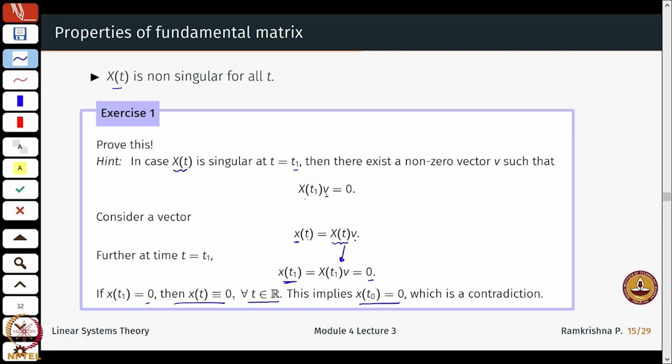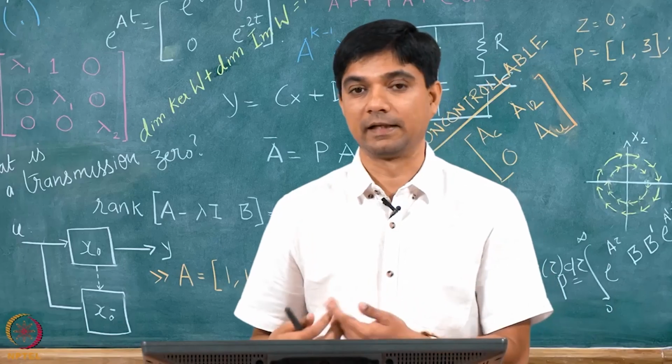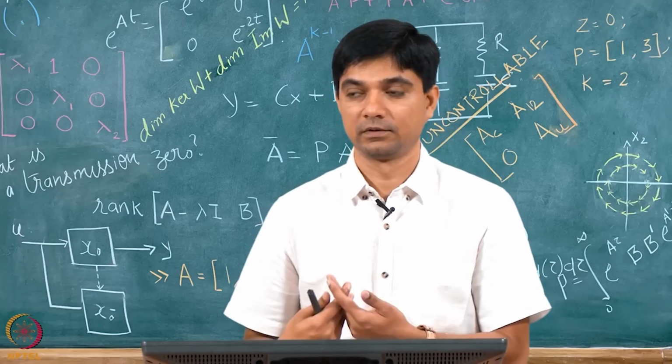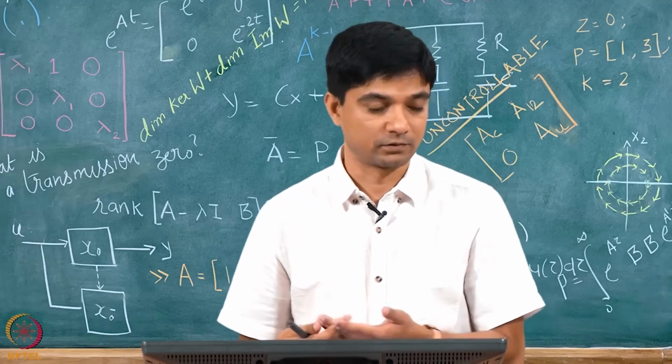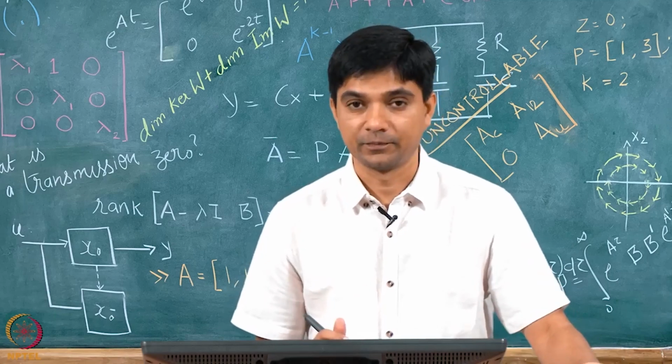That x(t0) is equal to 0, which is a contradiction. Therefore, we can show that X(t) is non-singular for all t. Which essentially means that if x(t0) equals 0, I start with zero initial conditions and the solution stays at 0, and that is not very interesting to me.